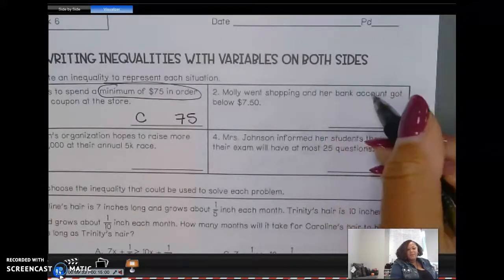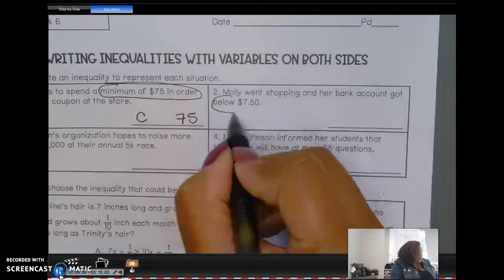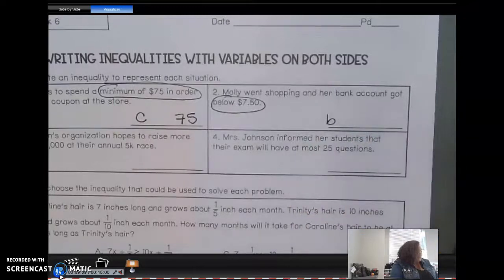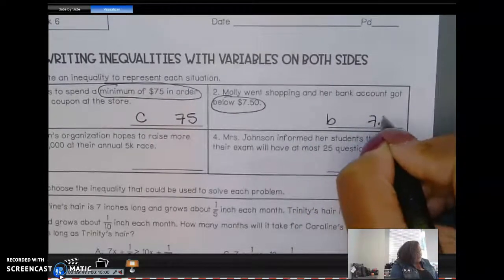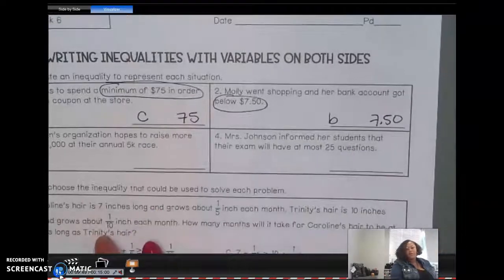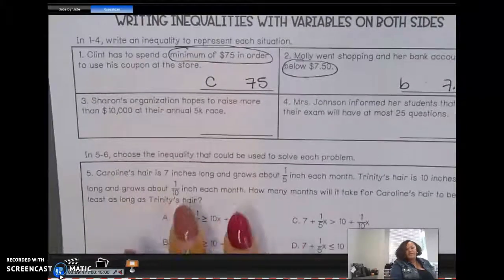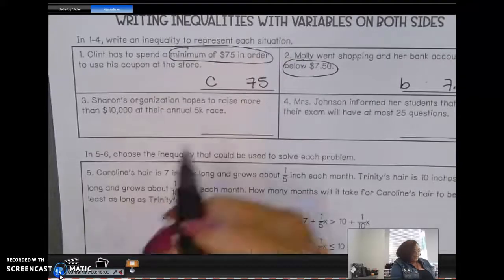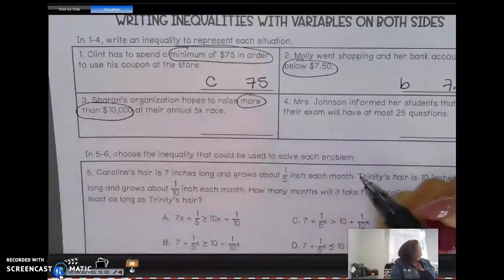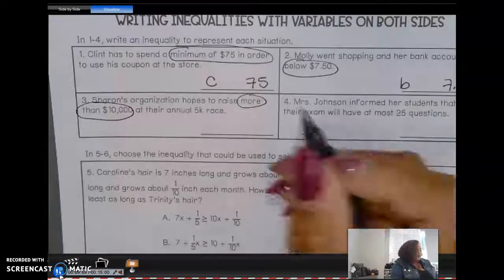Molly went shopping and her bank account got below $750. Molly's bank account, I'm going to put B for bank account and $750. I need an inequality here. Sharon's organization hopes to raise more than $10,000 at their annual 5K race.